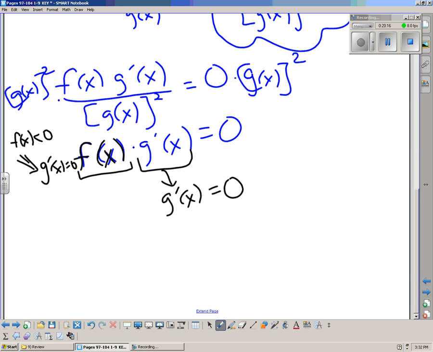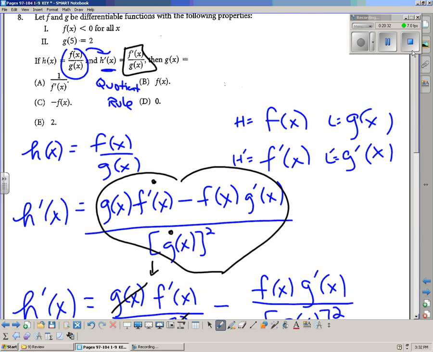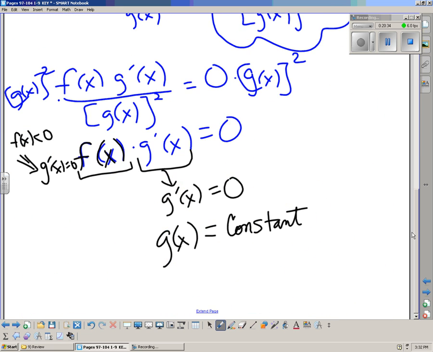Well, if g prime of x was 0, to get back to g, what things have a derivative of 0? Constants do. So g of x had to be a constant. Since g of x was a constant, we look back to the second condition. It said g of 5 was 2.